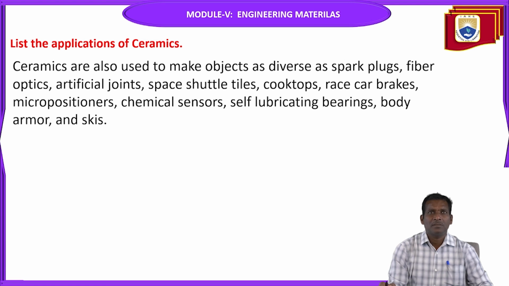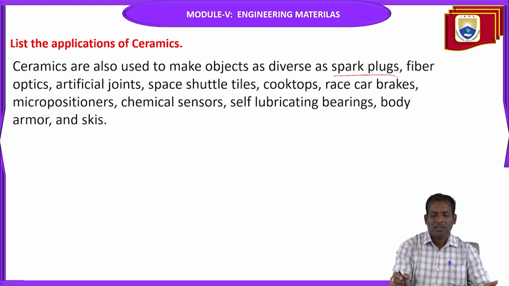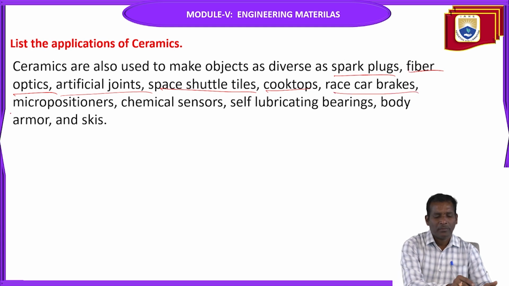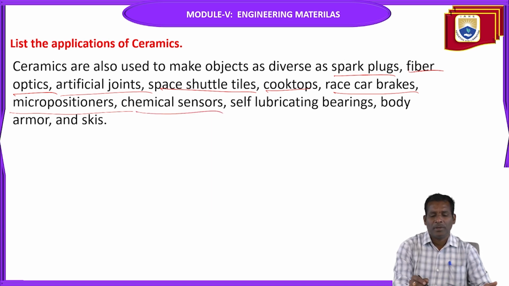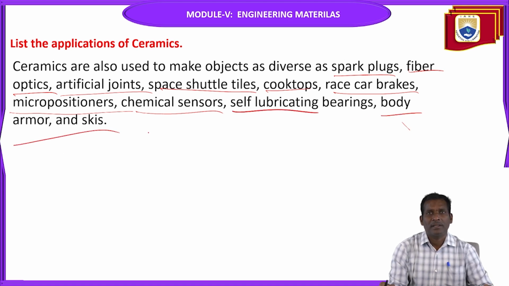What are the applications of ceramics? Ceramics are also used to make objects as diverse as spark plugs, fiber optics, artificial joints, space shuttle tiles, cooktops, race car brakes, micro positioners, chemical sensors, self lubricating bearings, and body armor and skis.